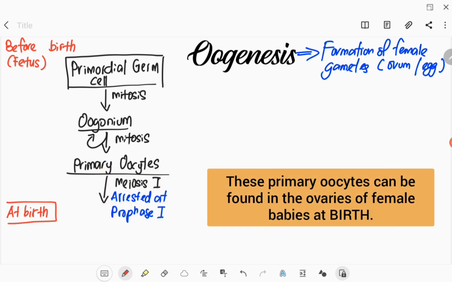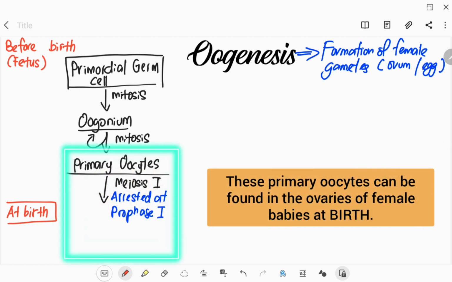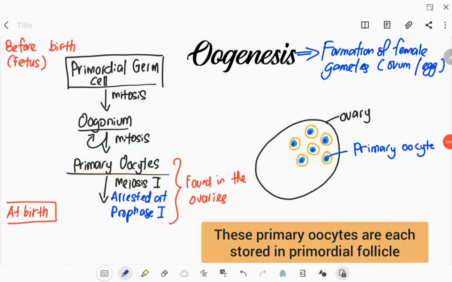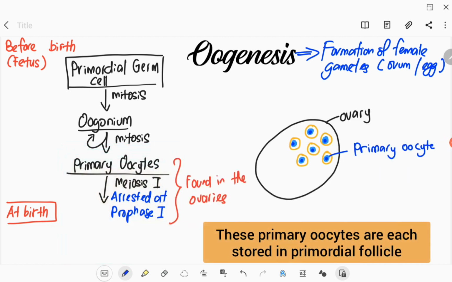At birth, inside the ovary of the female babies, kita akan jumpa many copies of primary oocyte that has entered meiosis 1, but the process was arrested at prophase 1. Semua primary oocyte tersebut can be found inside a structure known as primordial follicle.